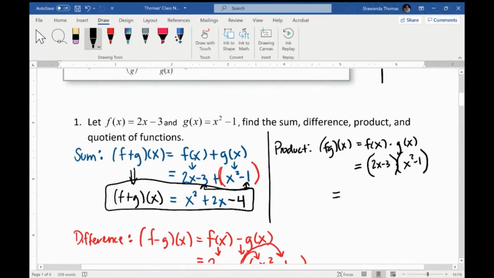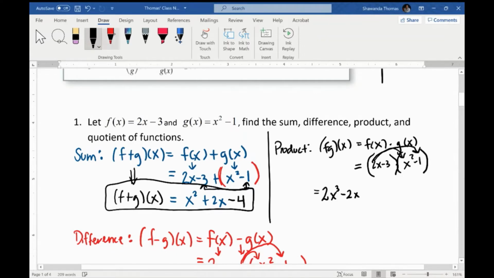What do we get when we multiply 2x times x squared? 2x cubed. 2x times negative 1. Negative 2x. All right.